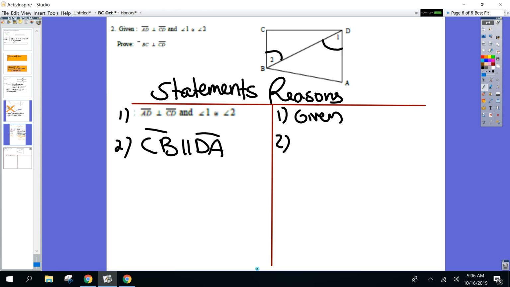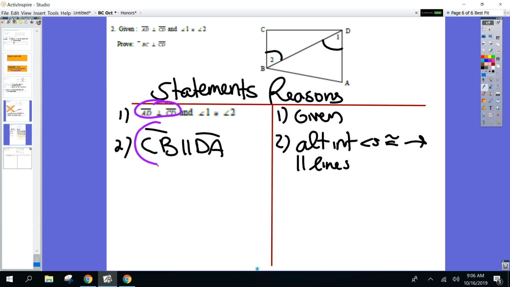What type of angles were they, Charlotte? So alternate interior angles congruent imply I have parallel lines. Oh, now you have two sets. You have AD perpendicular to CD, and you also have what we just wrote down, which is CB parallel to DA.